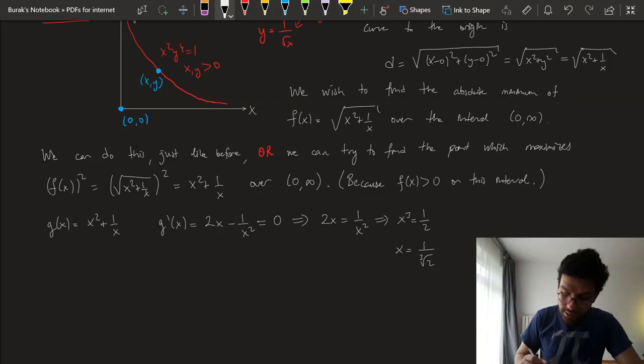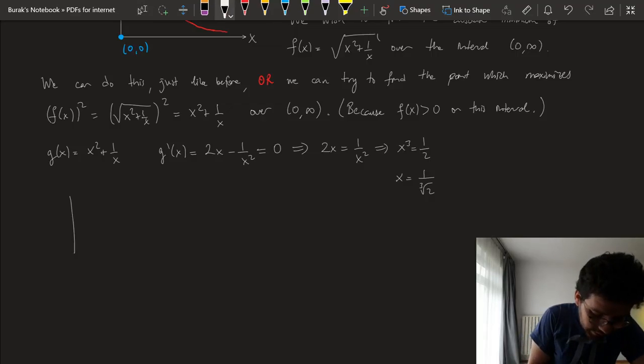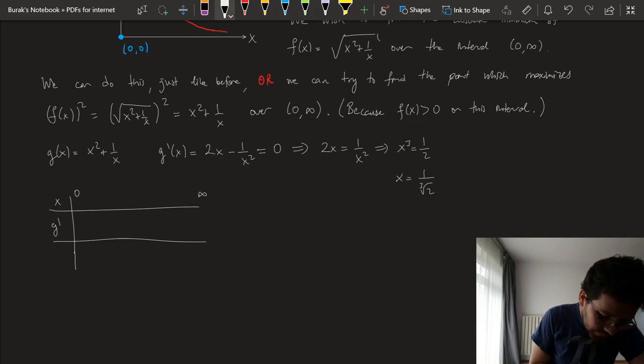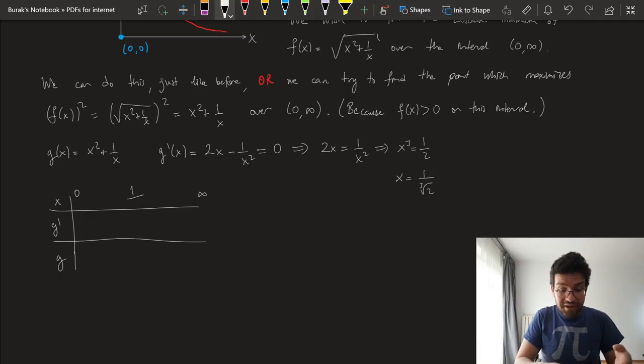Okay? And if you draw this table that we've drawn over and over again, you'll see that this is the critical point. There are no singular points inside the domain. I mean, there is a point where the derivative is undefined, which is 0, but it's not in the domain.